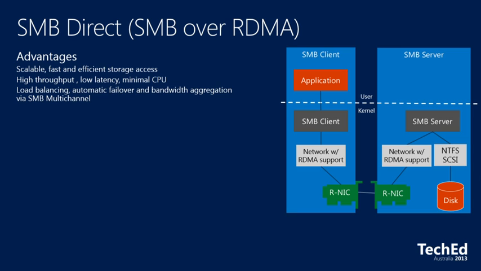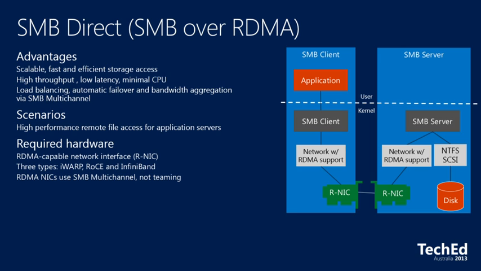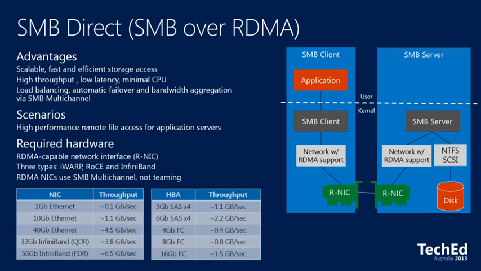Between those two RNICs, I could be pushing 40, 56 gigabits per second per port. Massive bandwidth. It's not something you put between a user and their server. It's something you put between a compute node and a storage node. You need these special kinds of NICs.